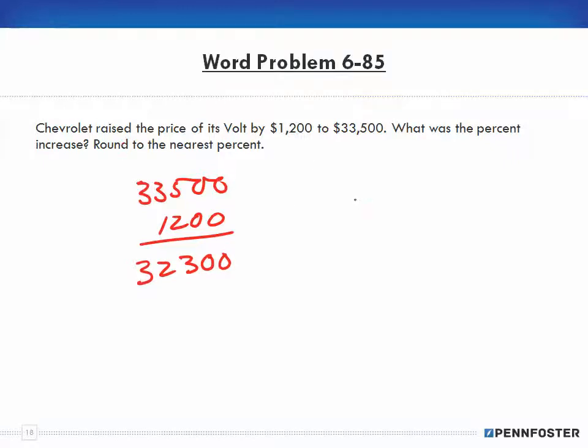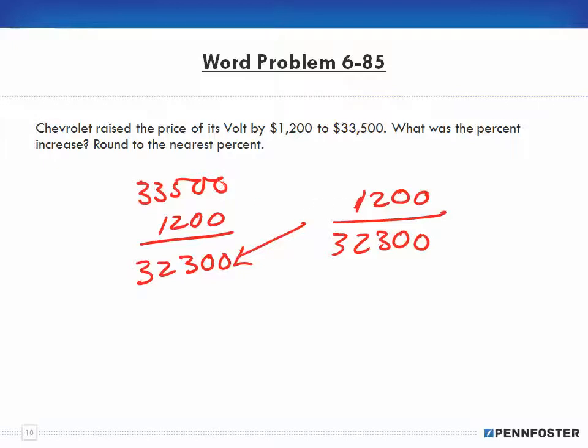All right, well, 1,200 is what the increase was, and we divide that by the total, or the 33.5, oops, I'm sorry, not the 33.5, my mistake. We're dividing it by the base, in other words, the 32.3, because the 1,200 was an increase based upon that 32,300 in order to get to 33,500.